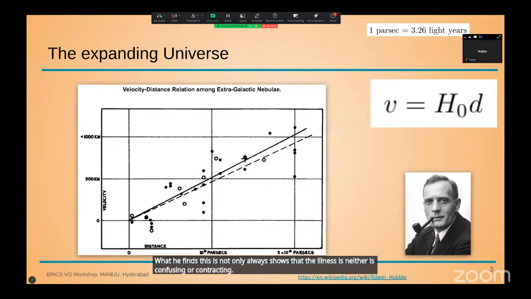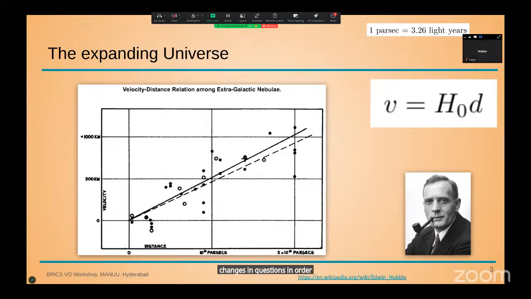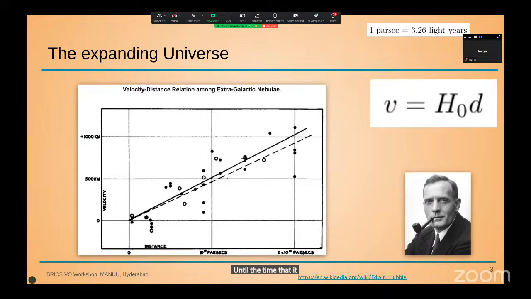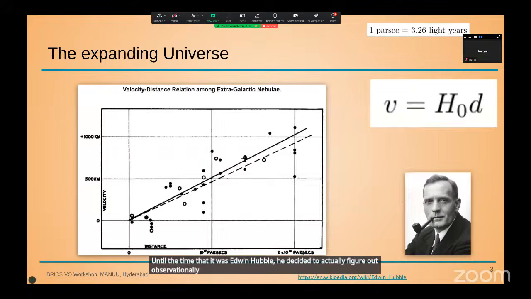He had to do something special to make it static; he had to, in fact, change his equations in order to make it static. So he was very confused. Why are these equations telling this kind of a changing universe? That was until Edwin Hubble decided to actually figure out observationally what the universe is.